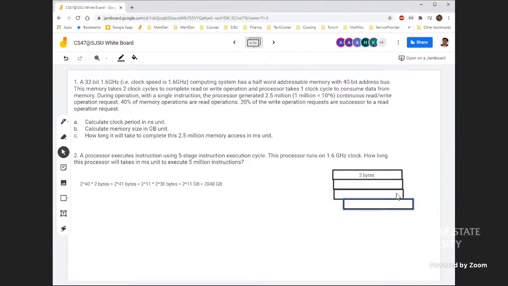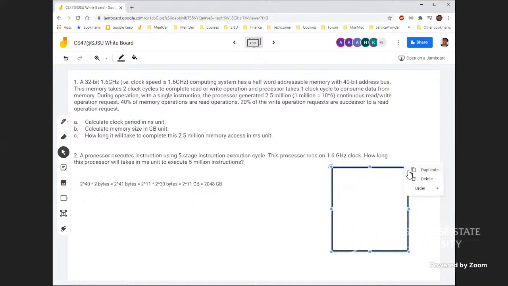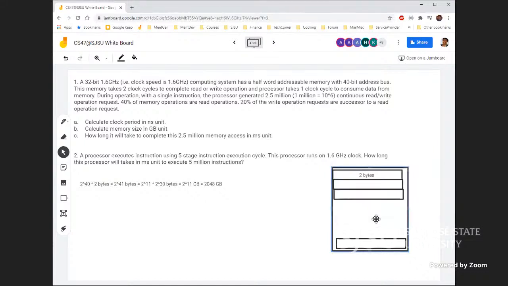So the entire memory has a 2-byte container for 2 to the power 40 containers. So this axis has 2 bytes and this axis has 2 to the power 40 different containers to store the memory. So this becomes 2 to the power 40 multiplied by 2 bytes. I see. Thank you.